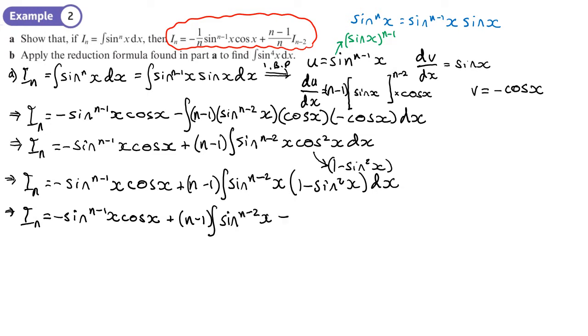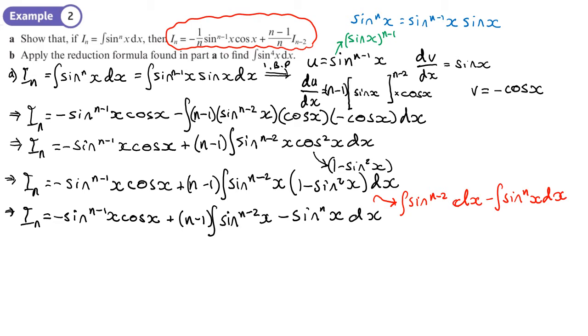Then if I multiply this with sine squared, effectively adding 2 to the power, it becomes sine power n x. Now we can write these integrals separately, so that'd be sine to the power n minus 2 x dx minus sine to the power n dx.